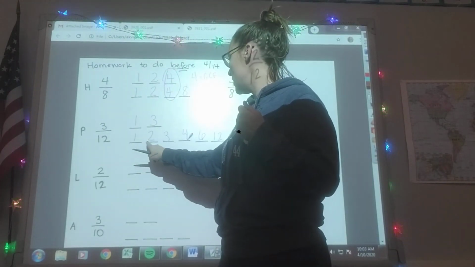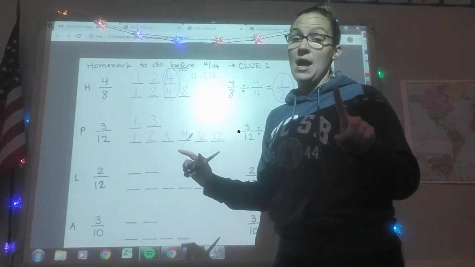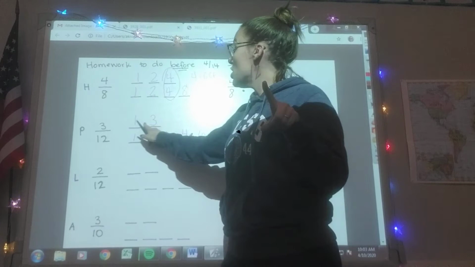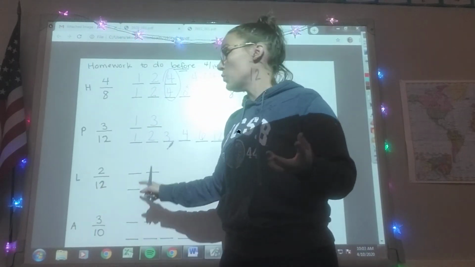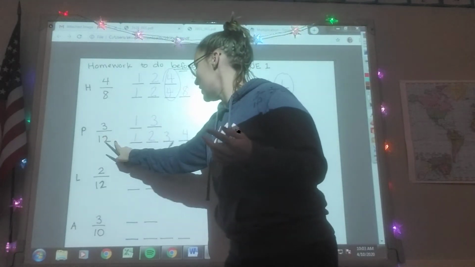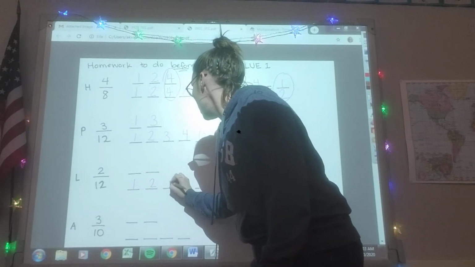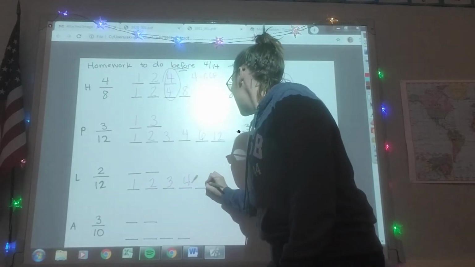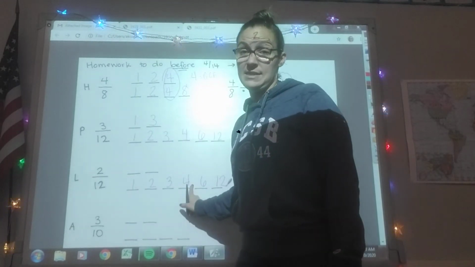So 1, 2, 3, 4, 6, and 12 are my factors of 12. Now, if I were you, I would look for numbers that have the same factors so you don't have to do the work twice. So you see how this has 1, 2, 3, 4, 6, and 12. Those are the factors of 12. The same factors down here. Okay? That makes it a little bit easier.